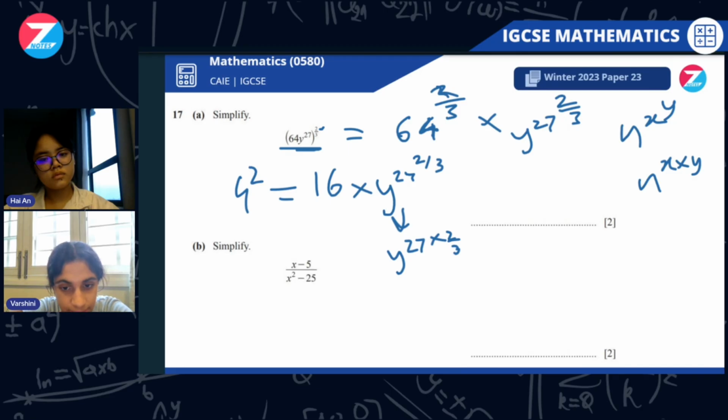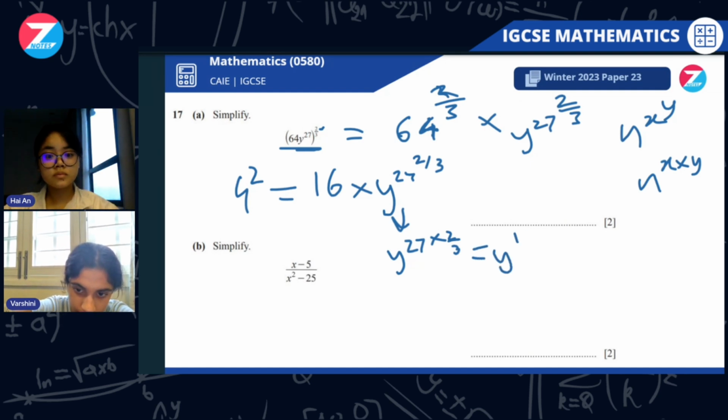And 27 times 2 by 3 is nothing but 27 divided by 3 into 2. 27 divided by 3 is 9, and 9 into 2 is 18. So that is just going to give us y to the power 18.